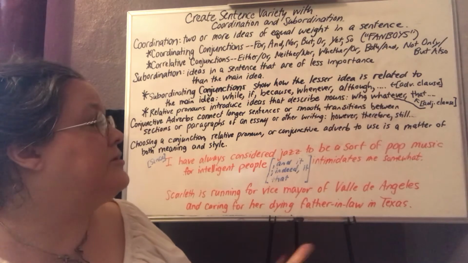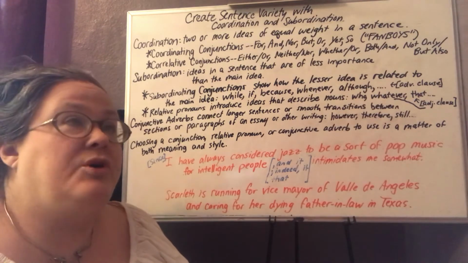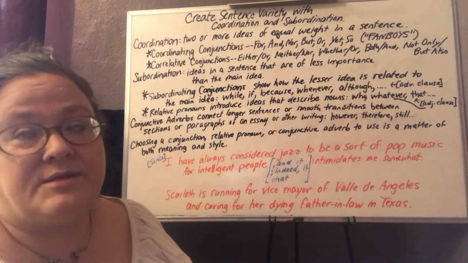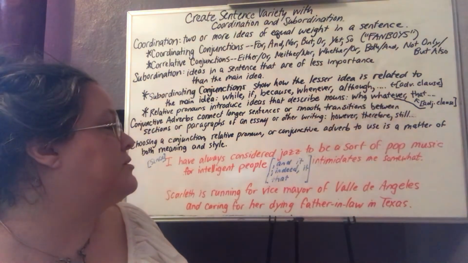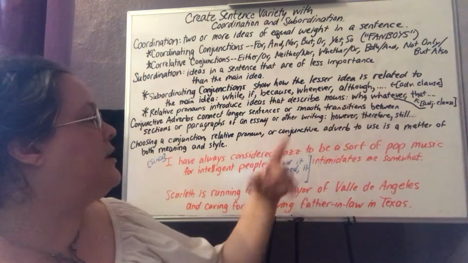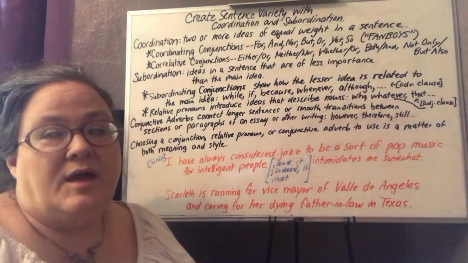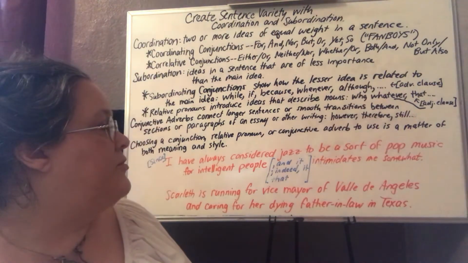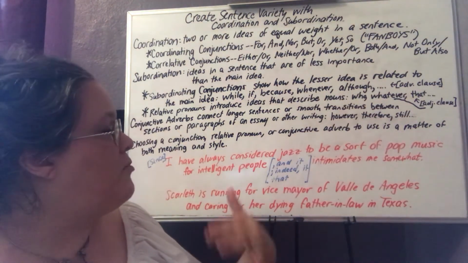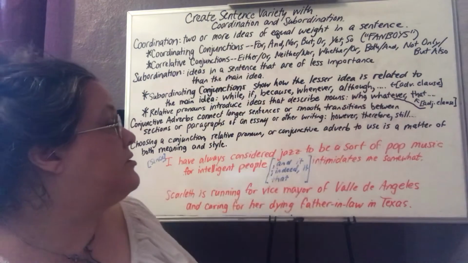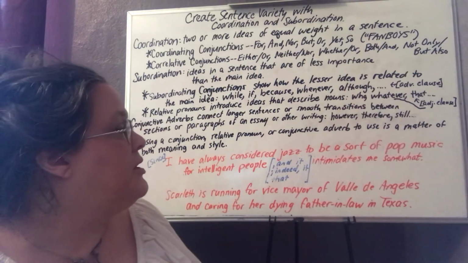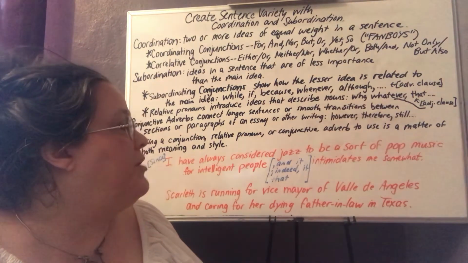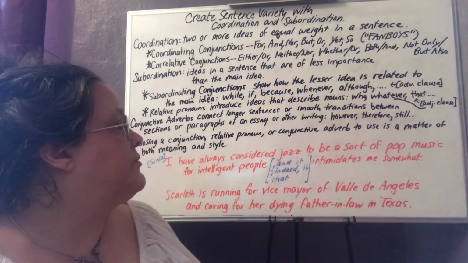However, therefore, still, nevertheless, moreover. Also words like first, second, and finally can be used as conjunctive adverbs. Again, also called transition words. Instead of having a comma before them, like a coordinating conjunction, they have a comma after them. And they have to have either a period or a semicolon before them in a sentence.